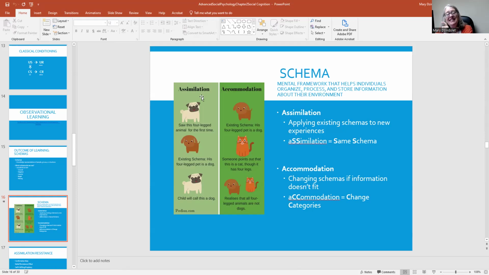And so we resist assimilation. Assimilation is when you take the new information that you have, and you apply it to an existing schema. That's really what we like to do. We resist this assimilation. We don't want to be creating new schemas all the time, right?